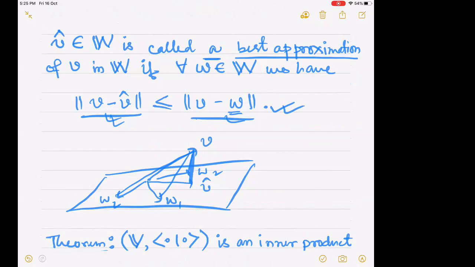So even if somebody gives me a vector in W, call it v hat, and claims that this is a best approximation, how do I even verify that? I have to check this inequality for every possible w, and there could be infinitely many vectors w in W. So it's practically impossible to check this condition.